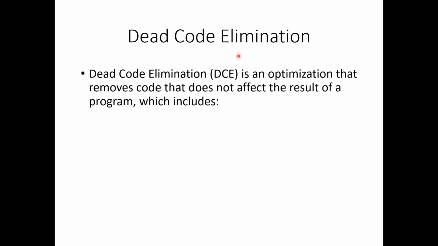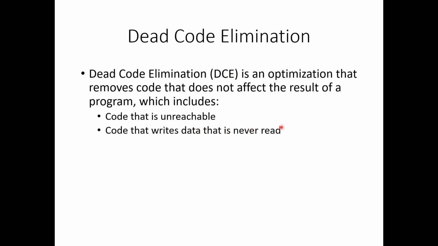So dead code elimination, or DCE for short, is an optimization that removes code that does not affect the result of a program. That's our definition of dead code. It's code that does not affect the result of the program, and this includes code that is unreachable or code that writes data that is never used.